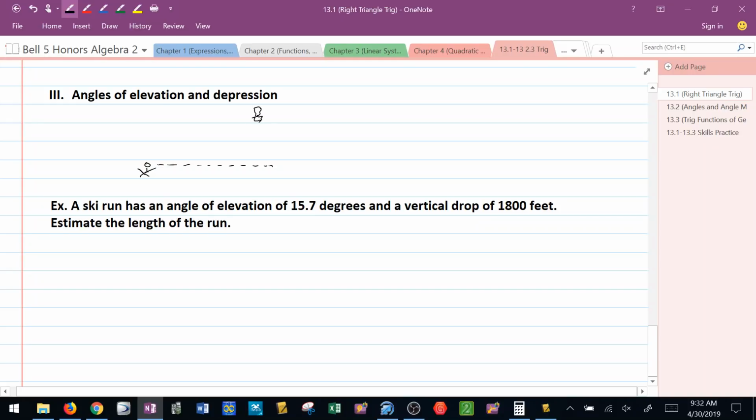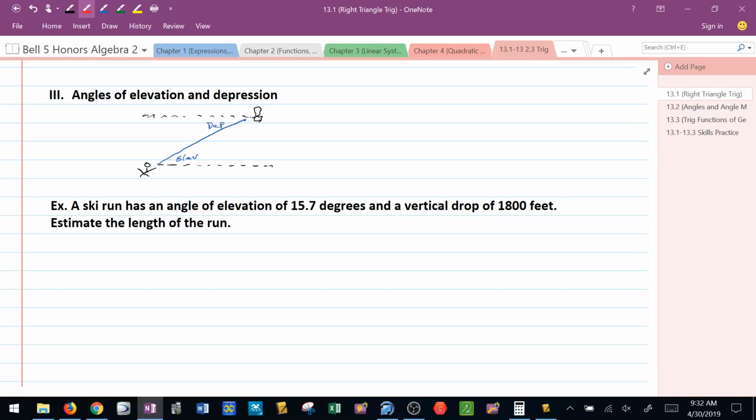If I were in the balloon and I look straight out, that would be my line of sight. An angle of elevation means if you look straight out and then you look up, this is your elevation. If you're in the balloon and you're looking down at the person, I look straight out and then I look down, this is my angle of depression.